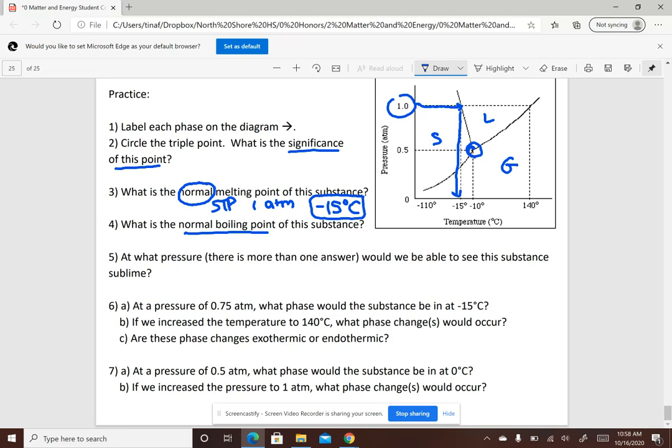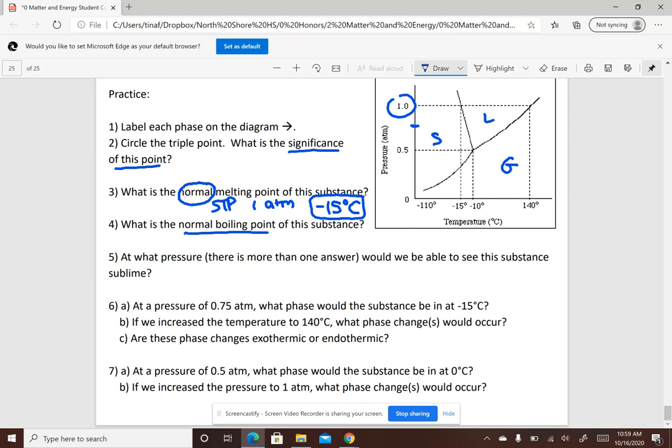Okay, let's look at number 6. At the pressure of 0.75 atm, okay, so now we're talking about right here. What phase would the substance be in at negative 15 degrees Celsius? All right, so let me erase some of the lines I have here already so that this doesn't get confusing.